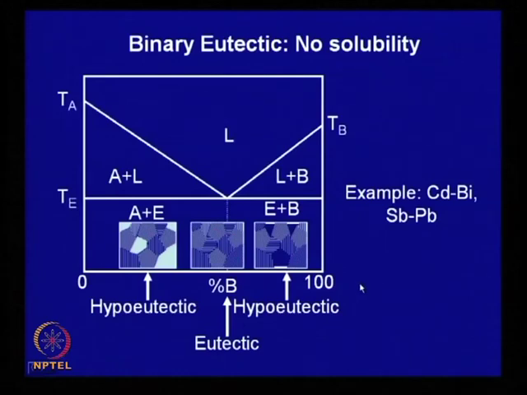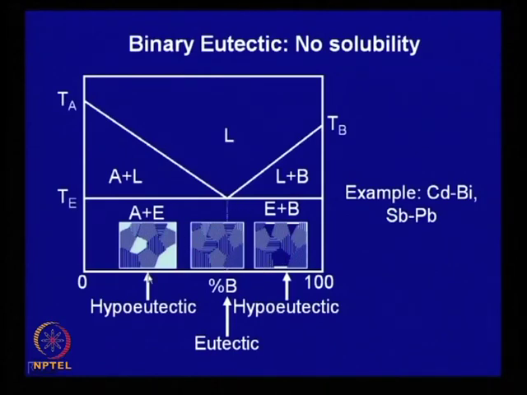Now, it is also possible to have one extreme case where the solids are totally immiscible, like here. This is a label diagram of a binary eutectic, where there is no solubility in the solid state. There are certain clear examples like cadmium-bismuth, antimony-lead, which exhibit this kind of phase diagram, and here the eutectic will be an intimate mixture.